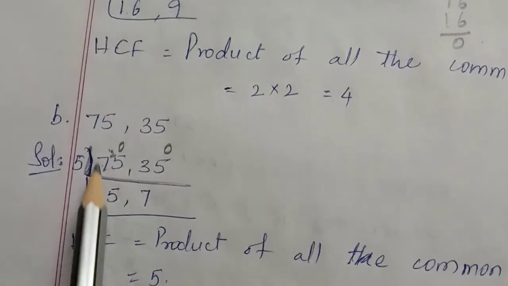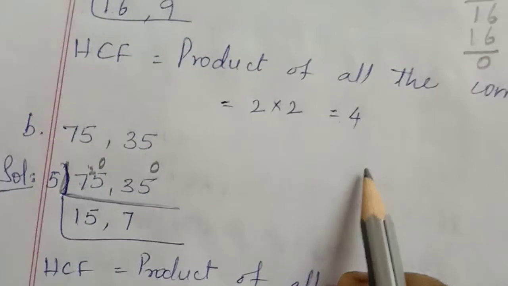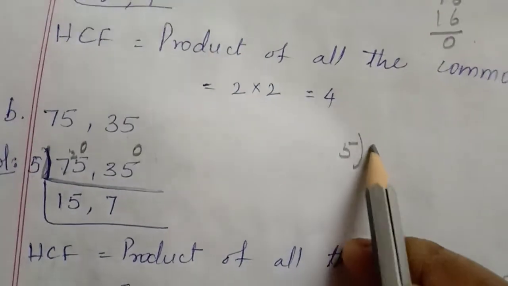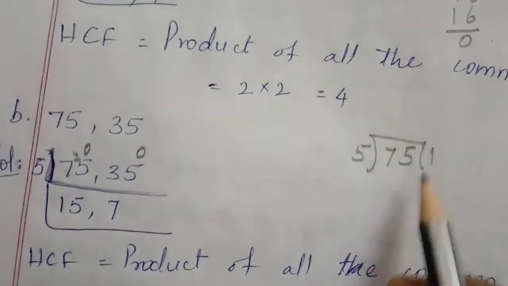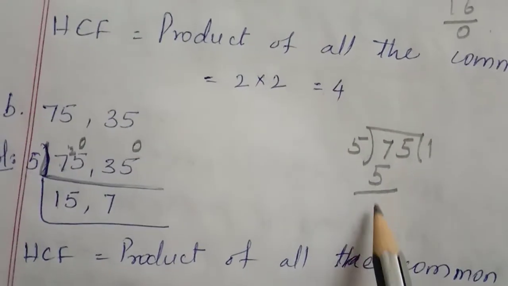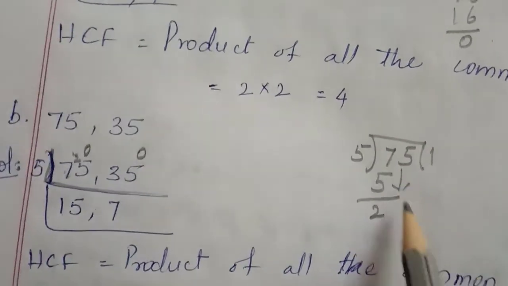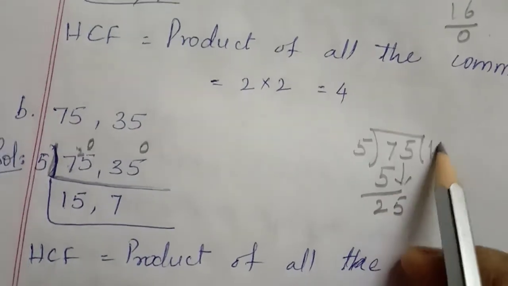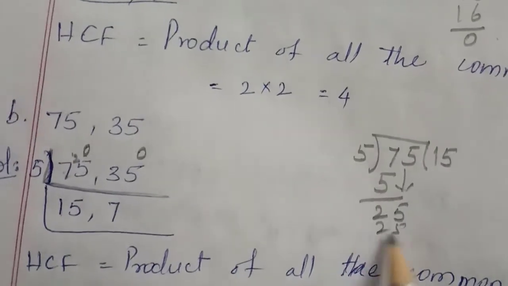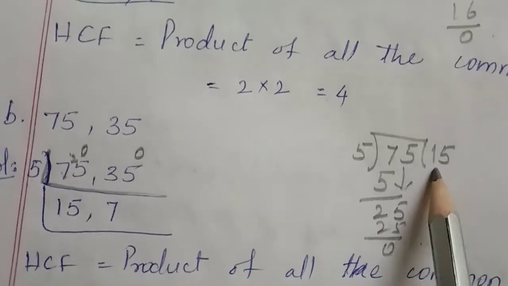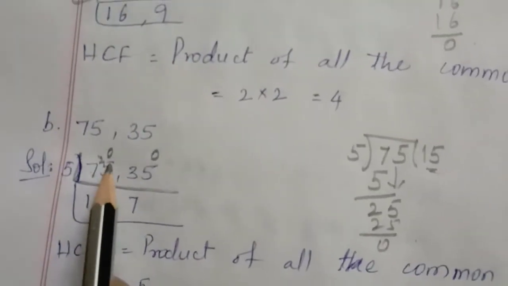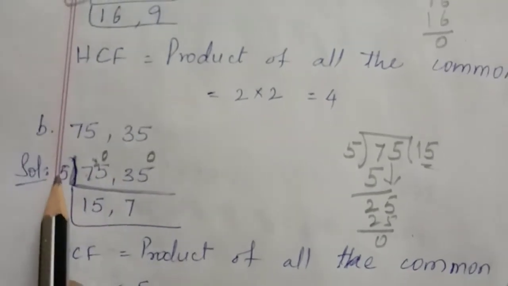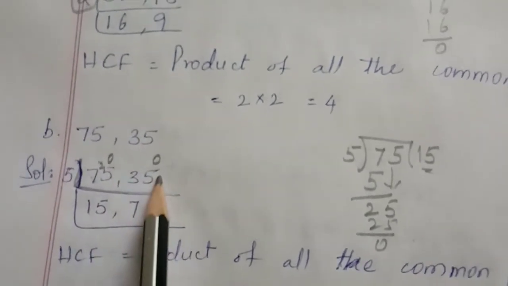If you are unable to do like this, children, you can divide and see. 75. 5 ones is 5. 2. Get down 5. So 5 5s is 25. Remainder 0. So how many times? It is 15 times. 5 15s are 75. Now 5 7s is 35.